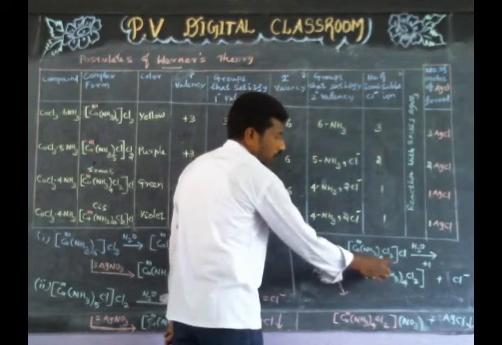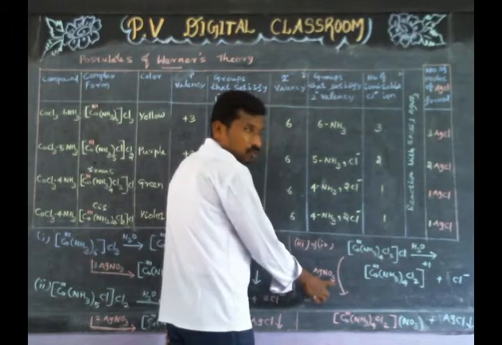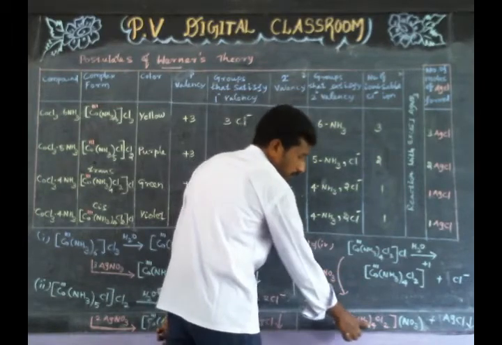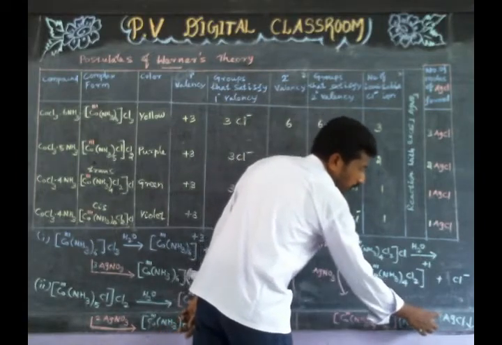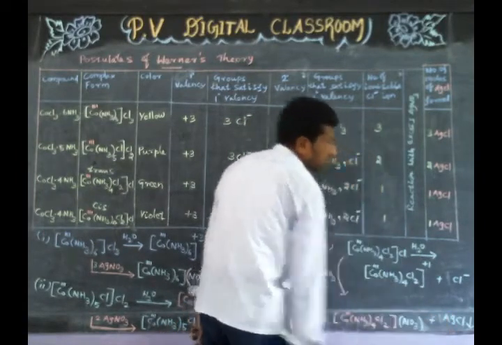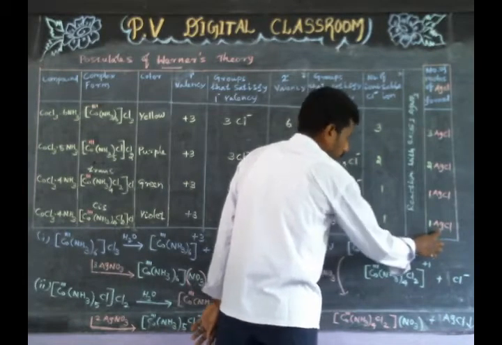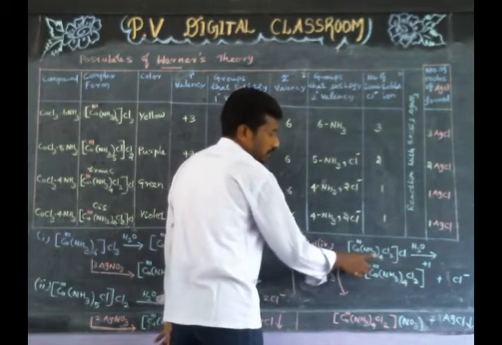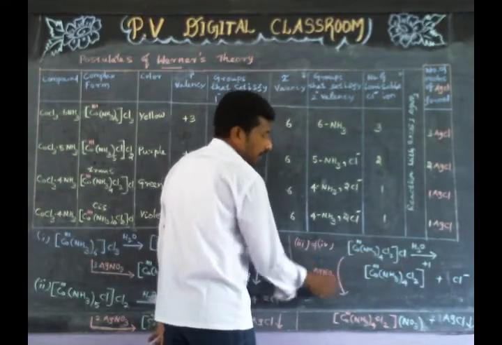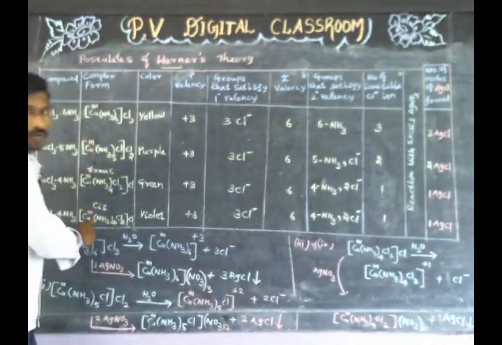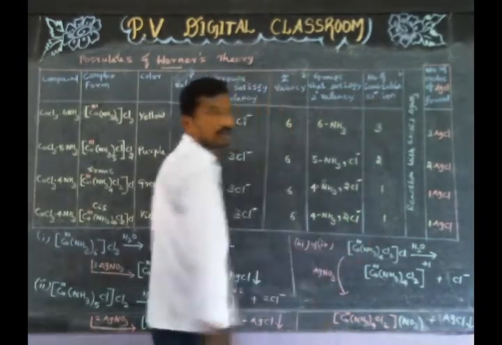Tetraamine dichlorido cobalt(III) chloride reacts with silver nitrate solution to give tetraamine dichlorido cobalt(III) nitrate and 1 mole of silver chloride. Since only 1 mole of silver chloride is formed during the reaction between tetraamine dichlorido cobalt(III) chloride and silver nitrate solution, this compound contains only one ionizable Cl minus ion.